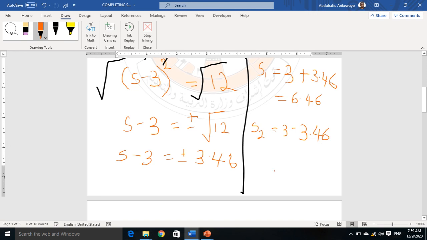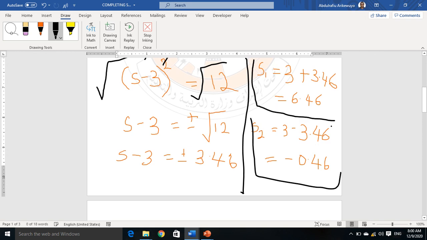So 3 minus 3.46 will give us minus 0.46. Can you see now? And these are the final answer. Our s2 is minus 0.46 and our s1 is 6.46. I hope that is clear and I hope you enjoy that. Okay, let us go to the next question.